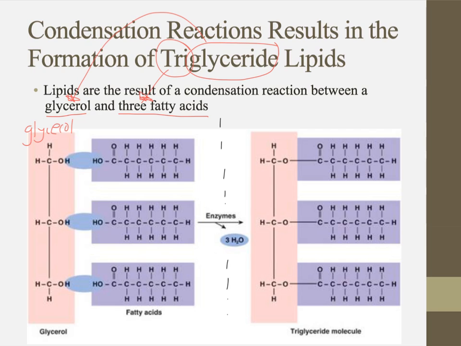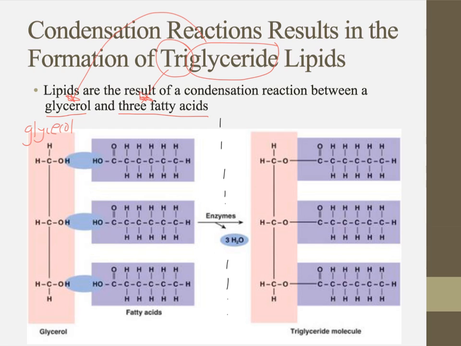Okay, so once 3 of those line up next to the 3 OH groups, what's going to happen is the OH from the carboxyl group is going to combine with the H from the OH group over here to make water, H2O. H2O, H2O.